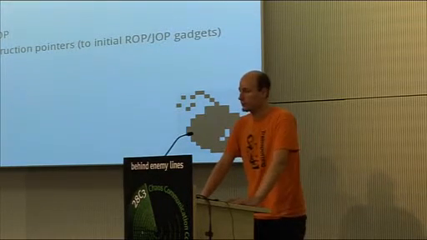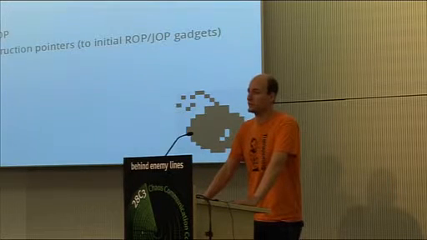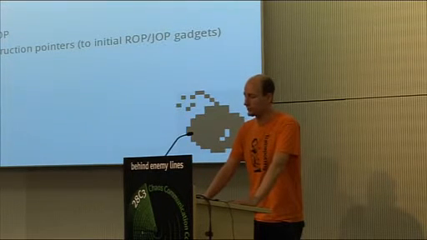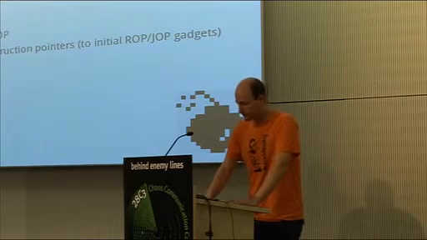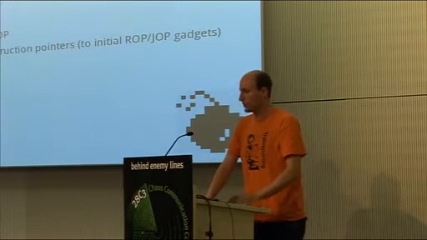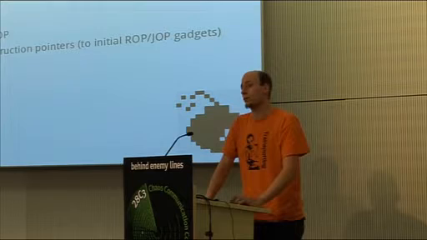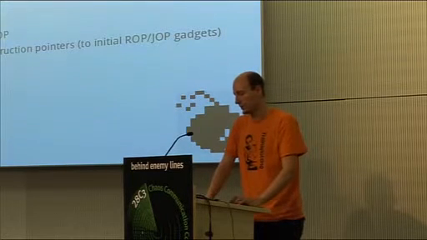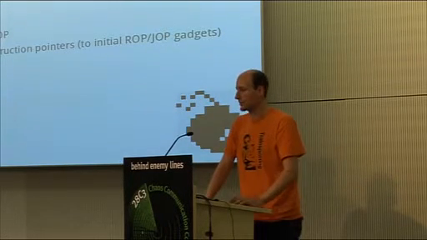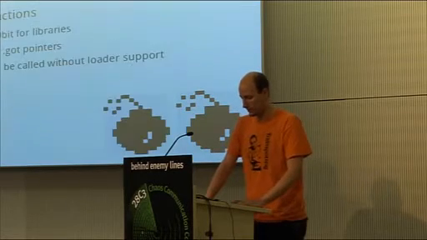When we use string-oriented programming, we build on the attacks of return-oriented programming and jump-oriented programming. We also use some of these available gadgets in the application to then execute nice code sequences.